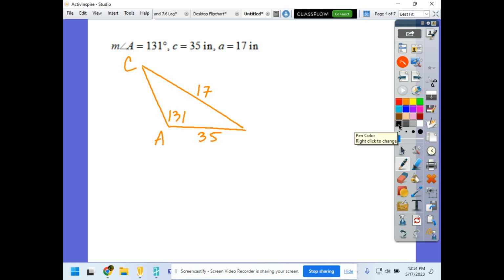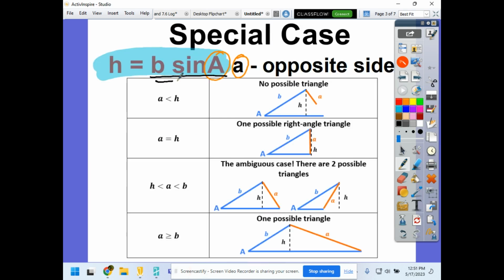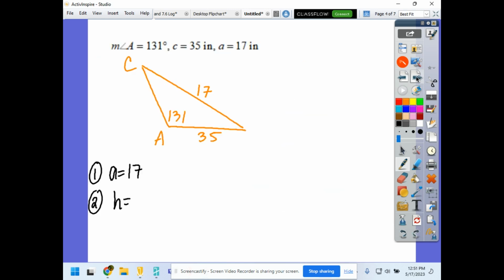Again, first you have to know your A. Your A here is 17, right? Second step is that you have to know your height. The formula here is B sine A. B represents the second side, but in this case we're using letter C. So it would be C sine A. So C here is 35, sine of 131.